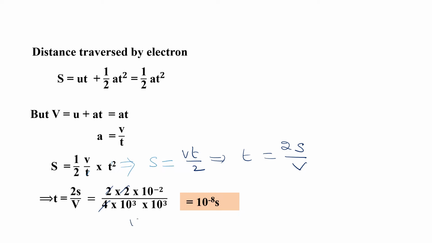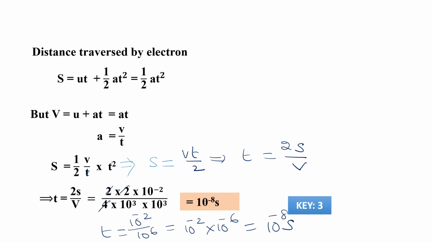Here 10 to the power of minus 2 by 10 to the power of 6 becomes 10 to the power of minus 2 into 10 to the power of minus 6. So here 10 to the power of minus 8 seconds. So t is equal to 10 to the power of minus 8 seconds. Required time is 10 to the power of minus 8 seconds. So the third option is correct.